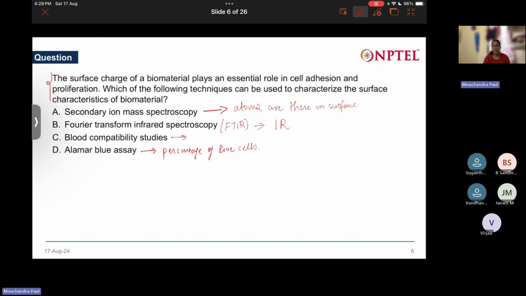Which of the following techniques can be used to characterize the surface properties of a biomaterial? A, B, C, or D? Which option seems highly likely to be correct?